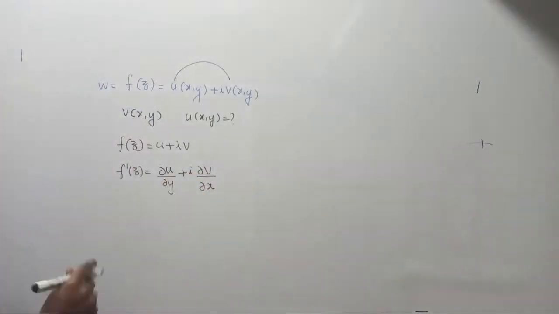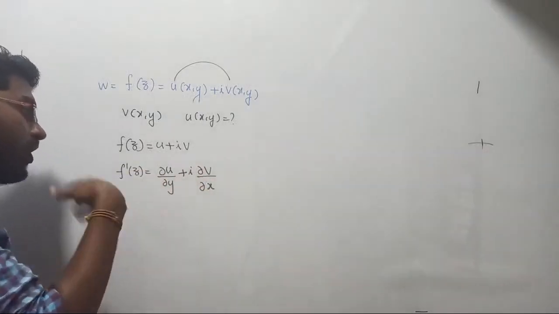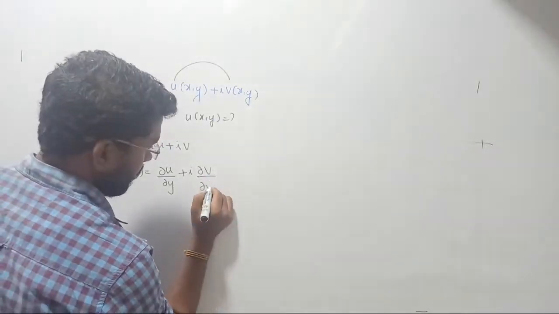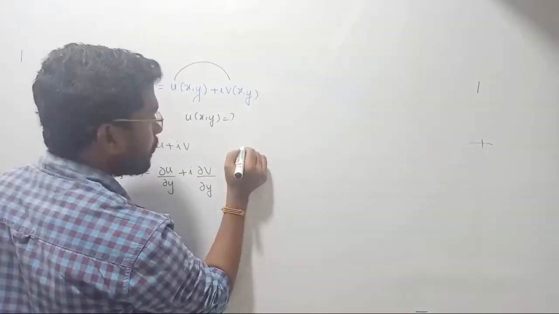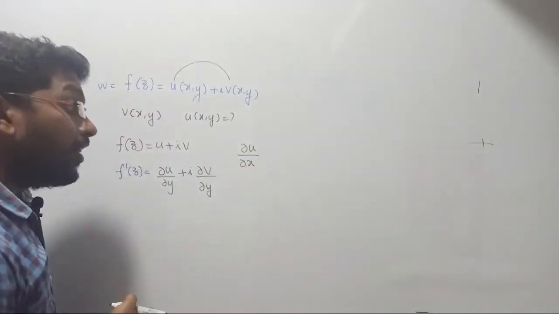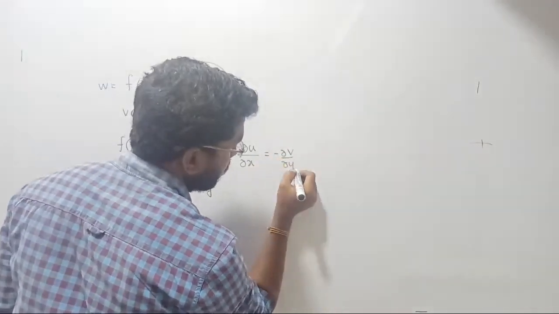Next step. Which variable is known for us? v is known, u is not known. So I have to write u in terms of v. Sorry guys, this is y, right? According to the Cauchy-Riemann equation, a function is said to be an analytic function whenever dou u by dou x becomes dou v by dou y.